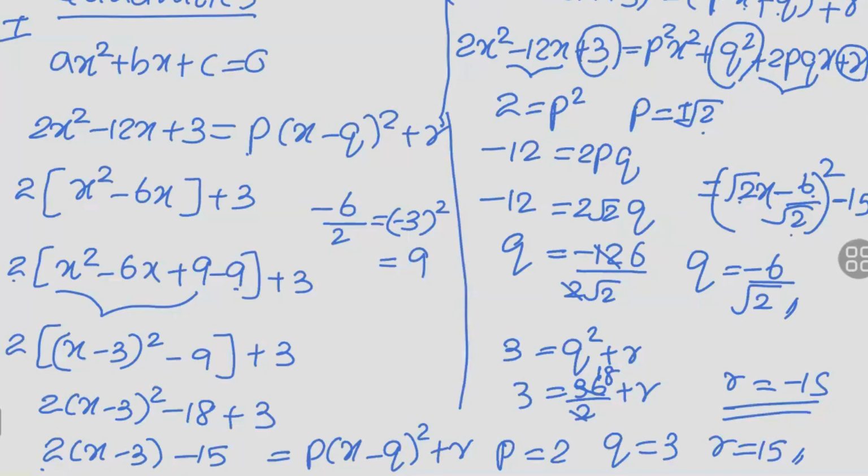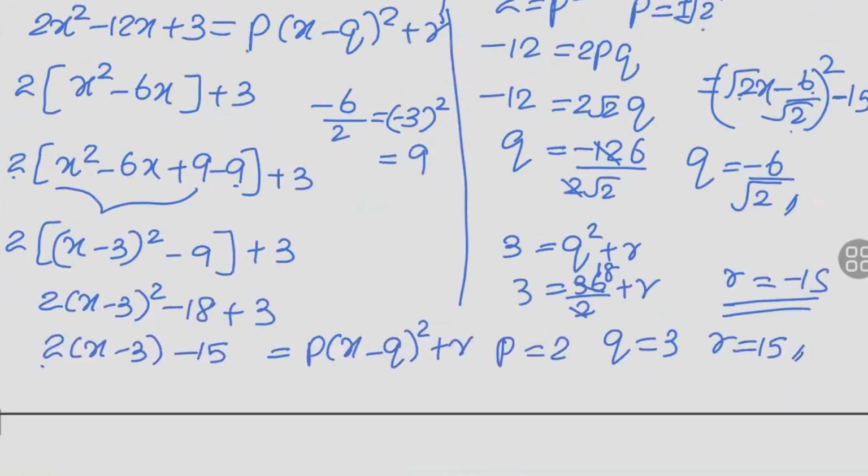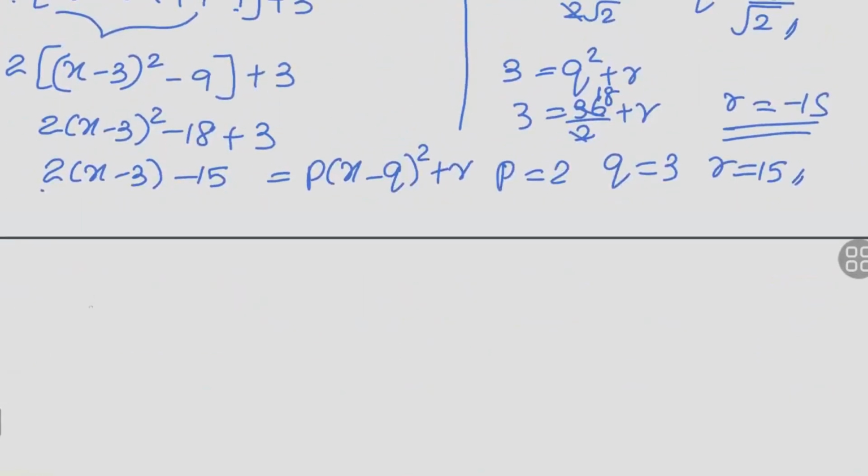Next one, the substitution method. Once you get a quadratic equation or a cubic equation, or more than that, by using substitution you can solve it. Let's say this kind of equation: x minus 4 root x minus 12 equals 0. You need to use substitution.